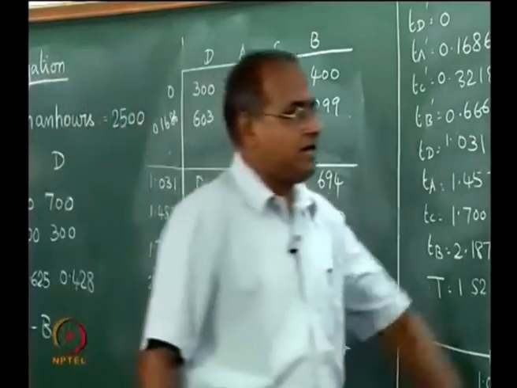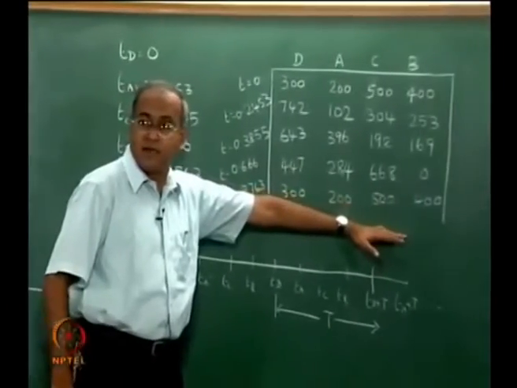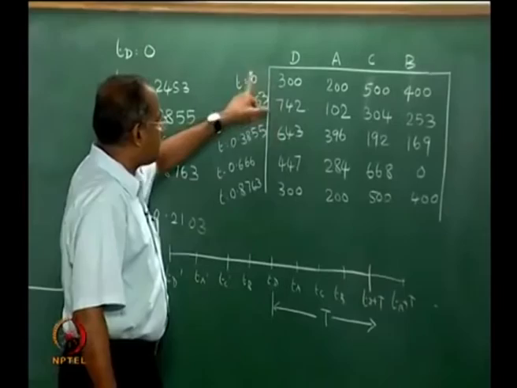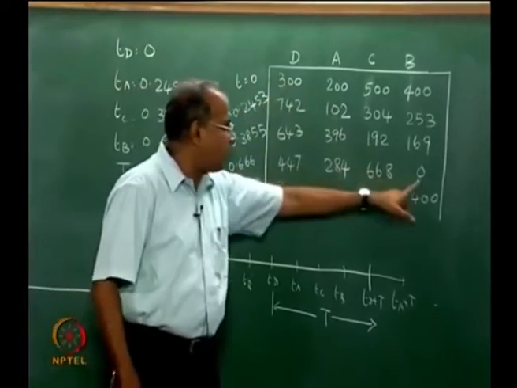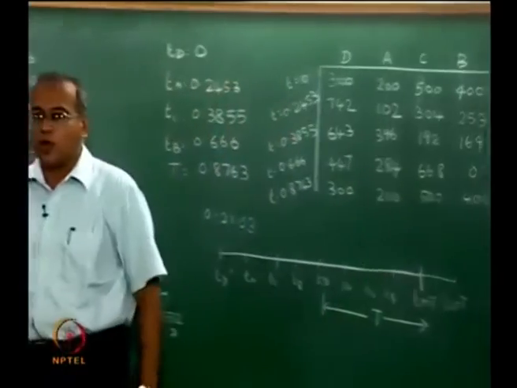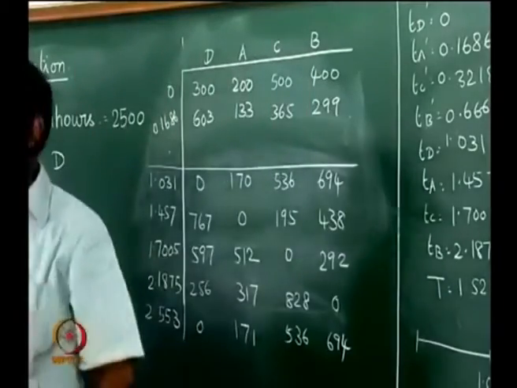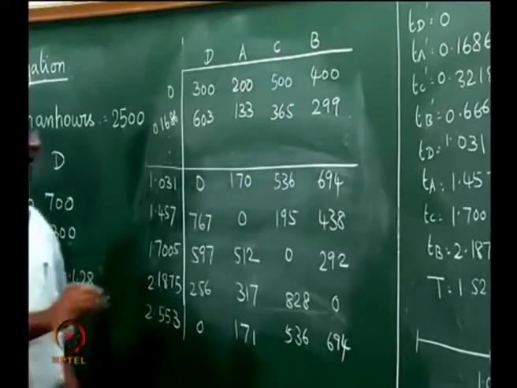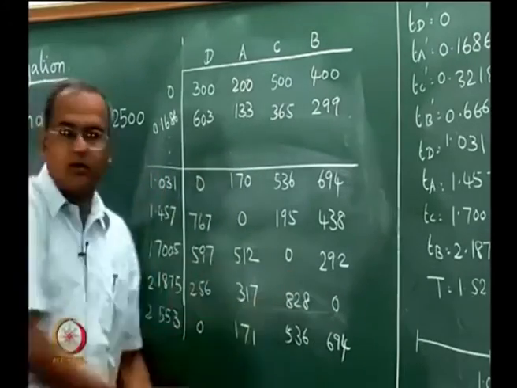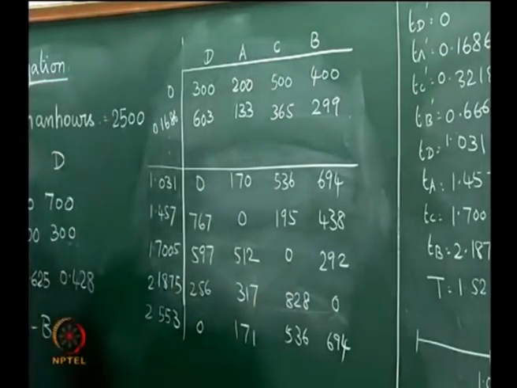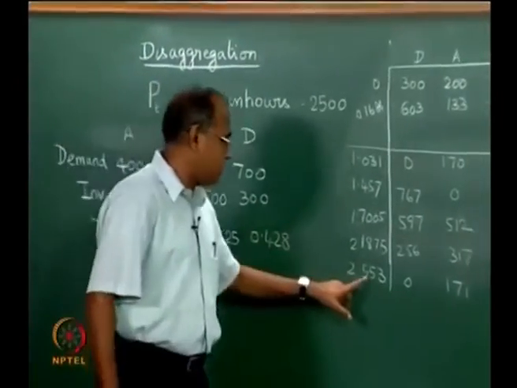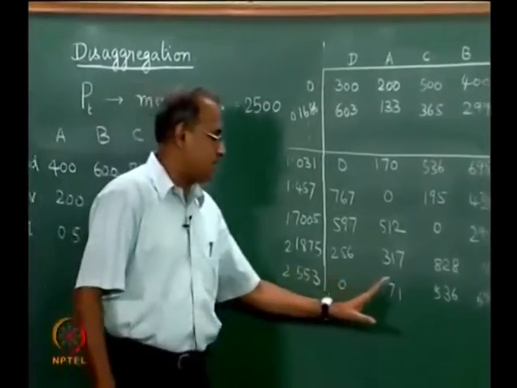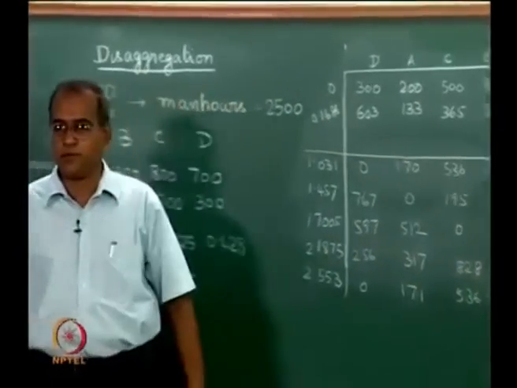Whereas, in the steady cycle in the earlier case, when we started producing D, the inventory was not 0, but 300 and so on. So, by adjusting the inventories in such a manner that at steady state we are getting 0, we are able to stretch our T as much as we can. Once again, back to the beginning of the next cycle, it is 171, 536, 694.